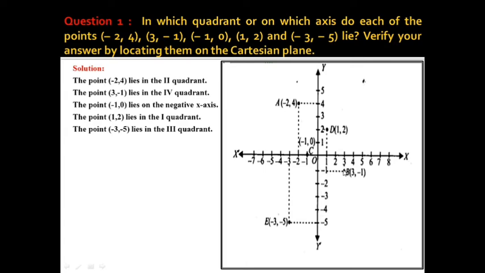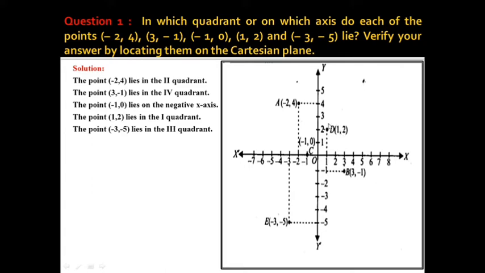Then next it is given minus 1 is x and y is 0. So here minus 1 is negative, which is on the negative x-axis, and 0 is the origin. So here we will write minus 1 and 0 lie on the negative x-axis. Then the next point is given 1 comma 2. So 1 is x and 2 is y, so they are lying here.